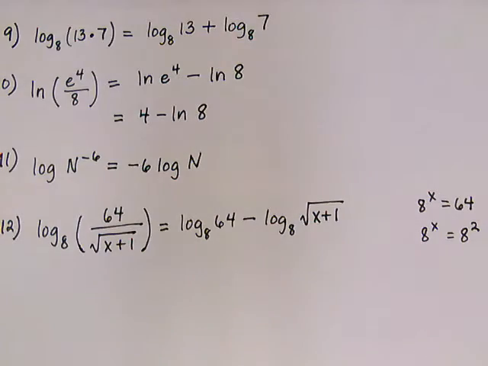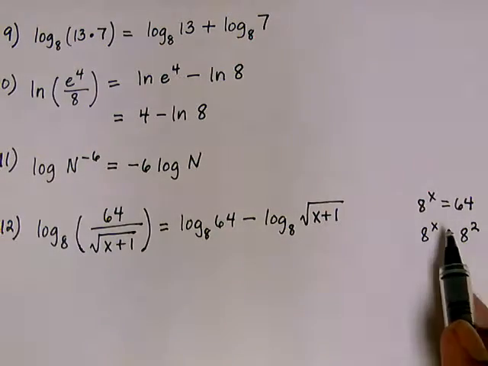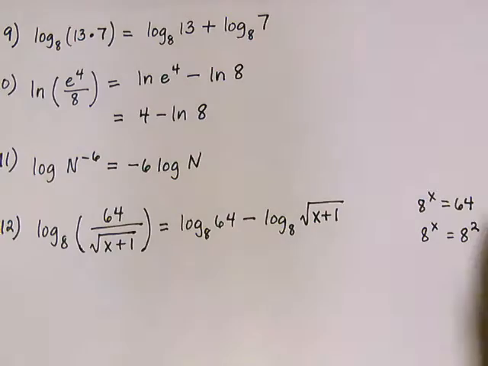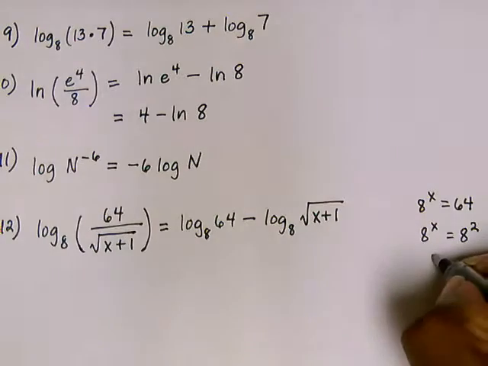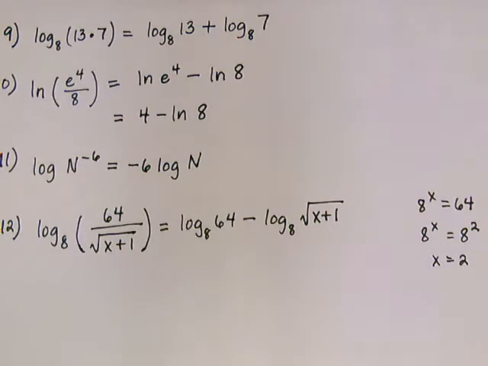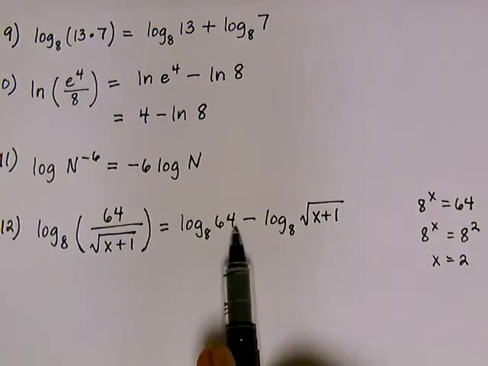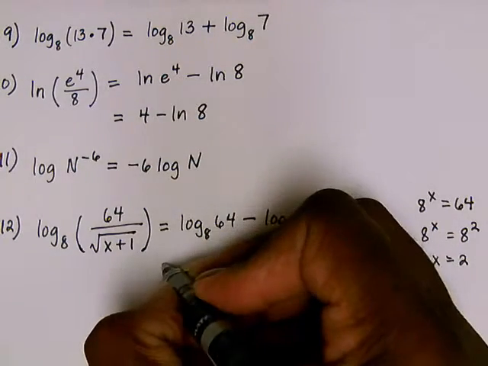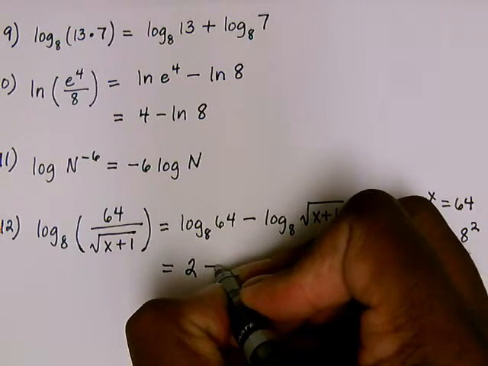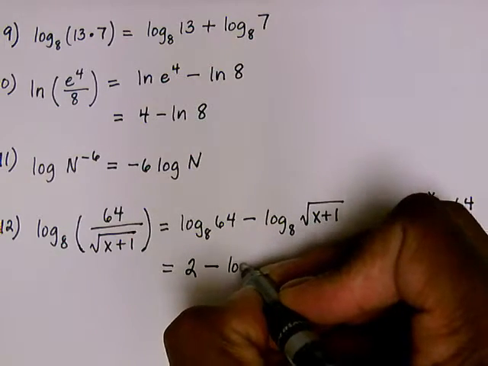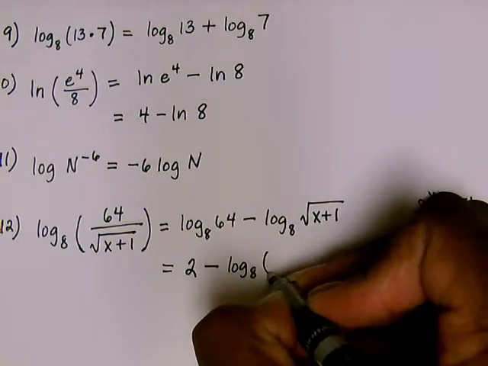Because 8 times 8 does give me 64. Now here the bases are the same, so these exponents can be set equal to each other. So that means x equals 2. That's the missing exponent there. That's what log to the base 8 of 64 is. So here log to the base 8 of 64 will simply be 2 minus log to the base 8.